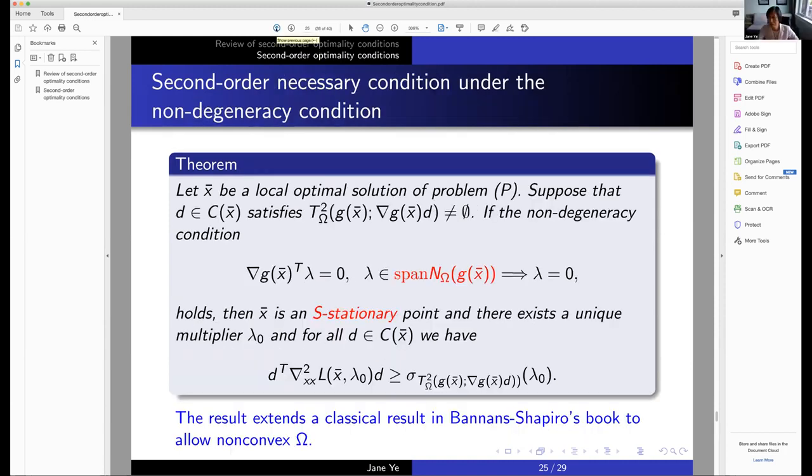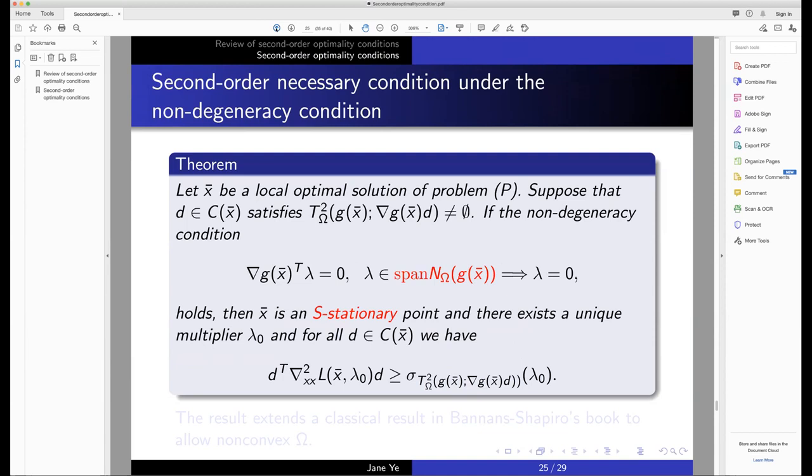Can you say again? You have an omega which is convex? Convex, but then you define a new omega, which are the x such that Gx belongs to the old omega. No, I just consider the constraint Gx is in omega.